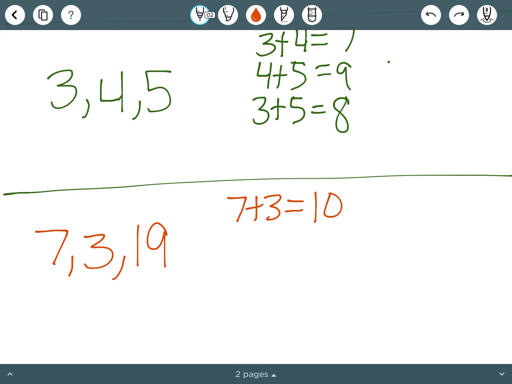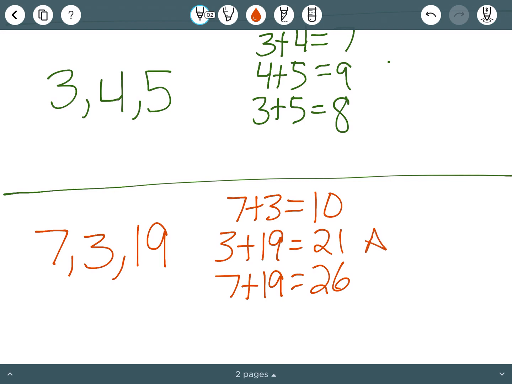But you can see that if I add 3 plus 19, I get 21. And also if I add 7 plus 19, I get 26. So these two sides work. This side, however, does not. And in order to have a triangle, all three must work. So all three possibilities have to be greater than that third side. So this one is not a triangle.